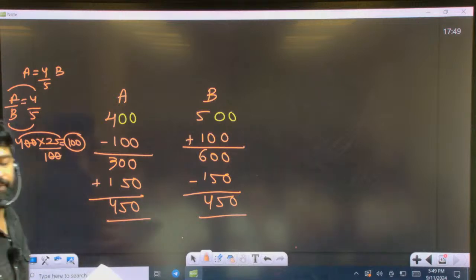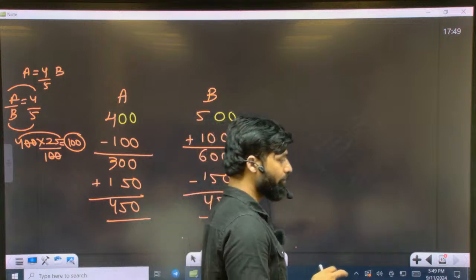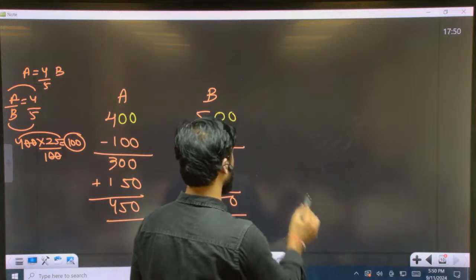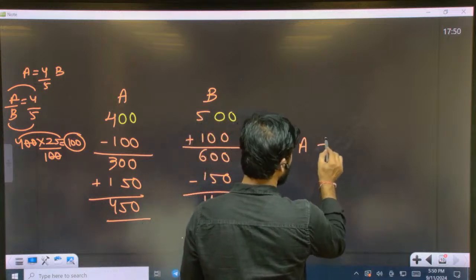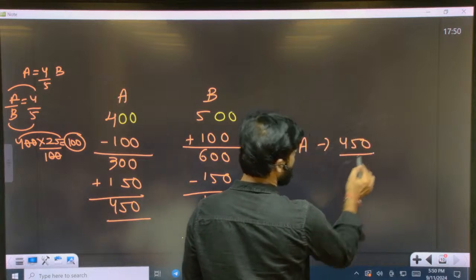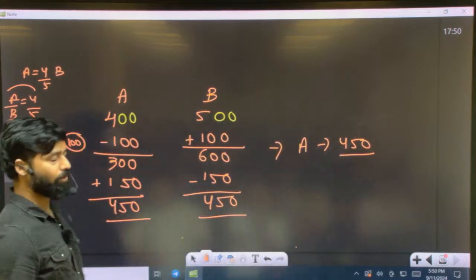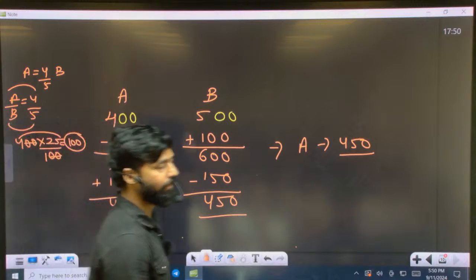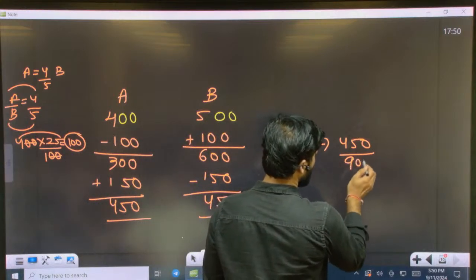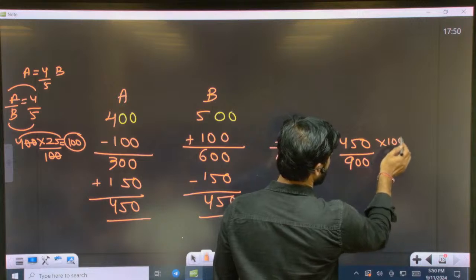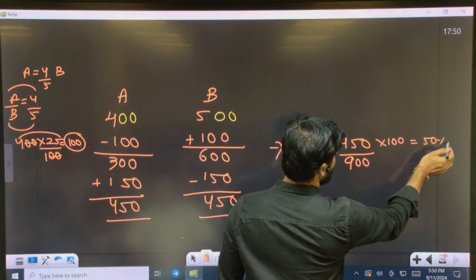But we have to give the answer in percentage, how much percentage A has. A has 450 out of what? Out of the total. And what is the total? 450 plus 450, that is 900, and multiply it by 100. So the answer is 50%.